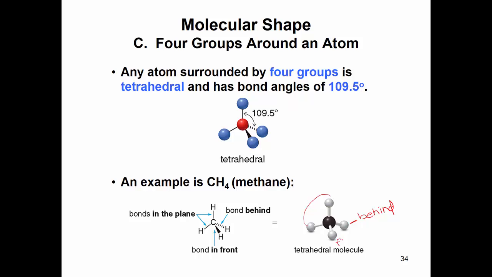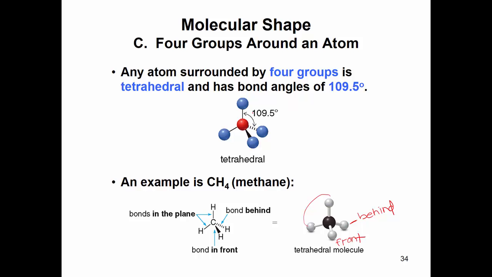So this would be in front. If you're drawing this on a board or paper, these two would be in the plane, but then you would have one hydrogen that sticks back and one hydrogen that sticks front. This is a way that we can represent that by just drawing it on paper.